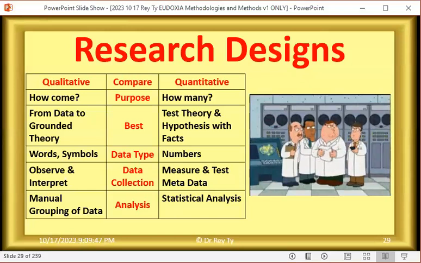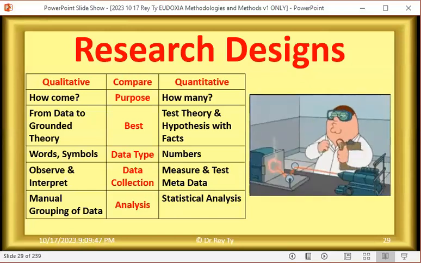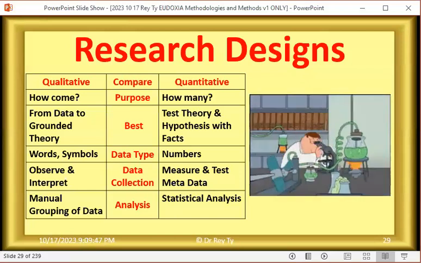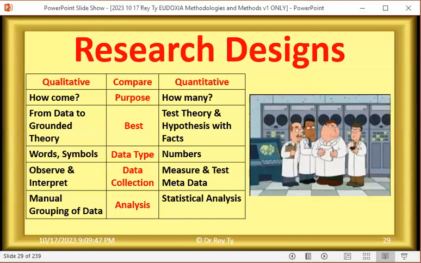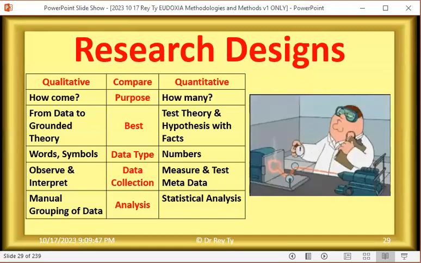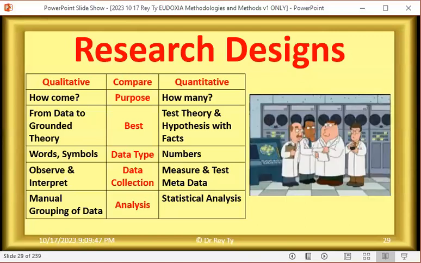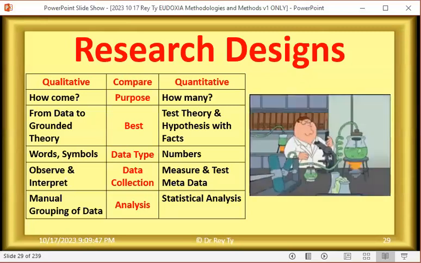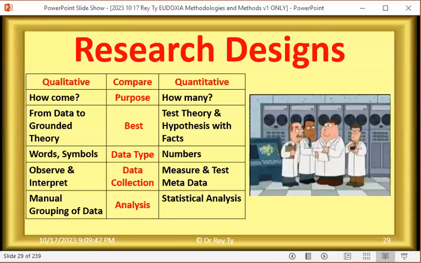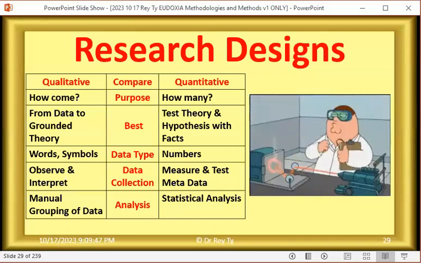Okay? And then for data collection or research methods, quantitative is measuring and testing big data. How many women, let's say out of 30,000, how many percentage of women have college degrees? And how many men, let's say there are 30,000 also, have college degrees? So you measure, and then you test metadata.